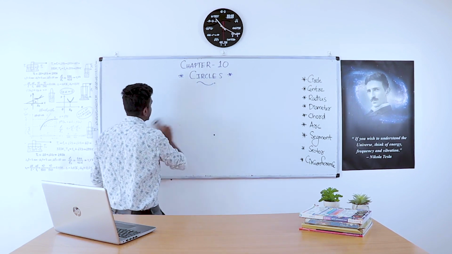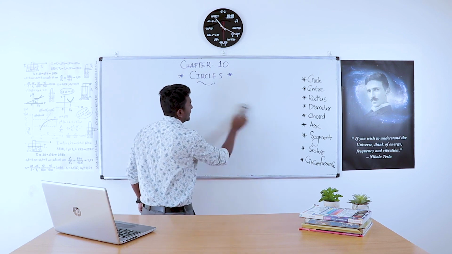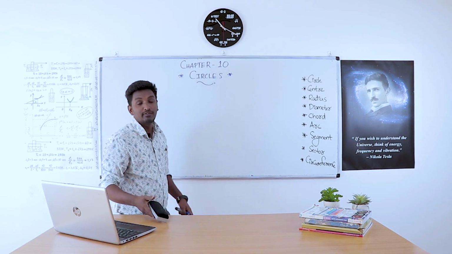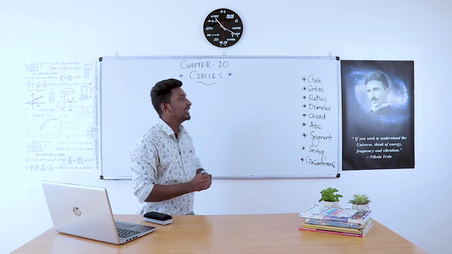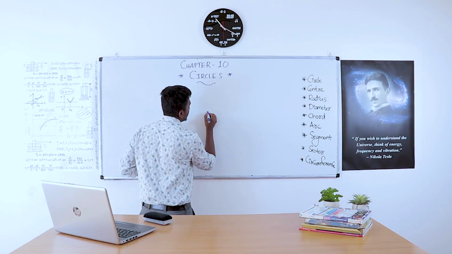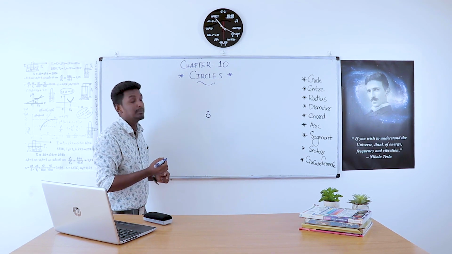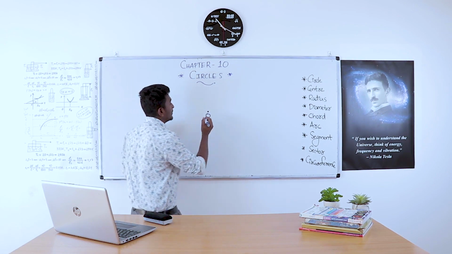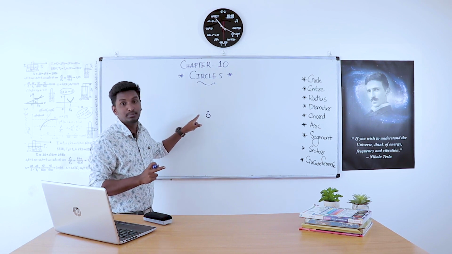Now it makes sense that a circle is a collection of points at a fixed distance from a fixed point. Consider a fixed point, taken as O. I take a large number of points which are at a fixed distance from this fixed point.